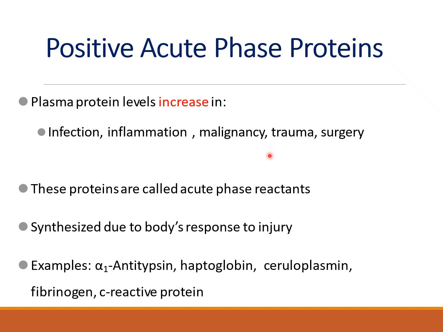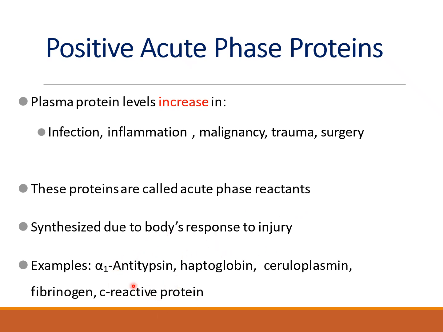Acute phase proteins are a very important 5-mark question. Acute phase proteins are positive and negative. Plasma protein levels increase in infection, inflammation, malignancy, trauma and surgery. These proteins are called acute phase reactants. They are synthesized due to the body's response to injury.